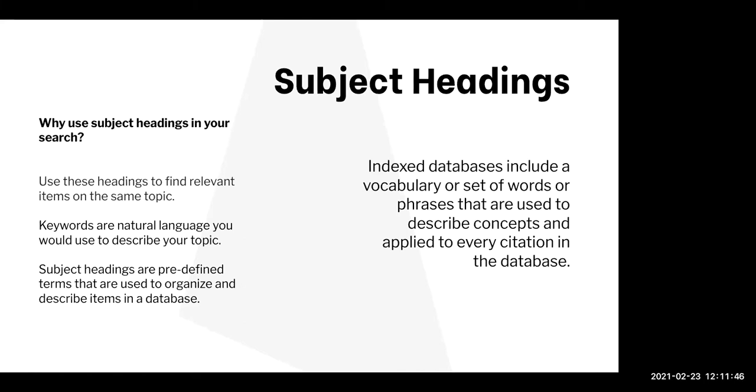Keywords are more like your everyday language, how you would refer to things, whereas subject headings could be similar to your keywords, but they are predefined and fit the database that you're searching.